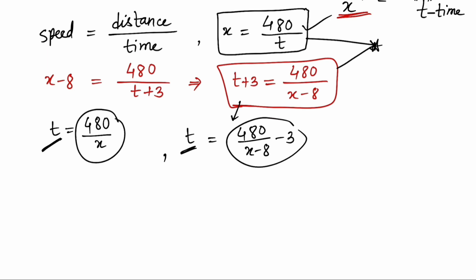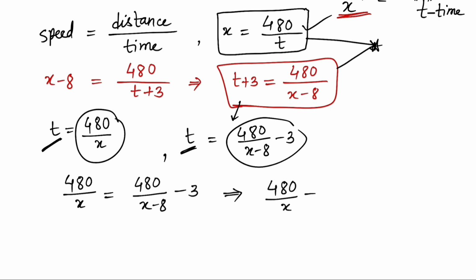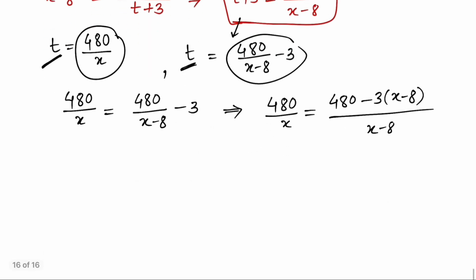So just equate them, we get 480 divided by x is equal to 480 divided by x minus 8, minus 3, right? And we just need to solve this. So we have 480 divided by x is equal to 480 minus 3 times x minus 8, divided by x minus 8, right? So just do cross multiplication.